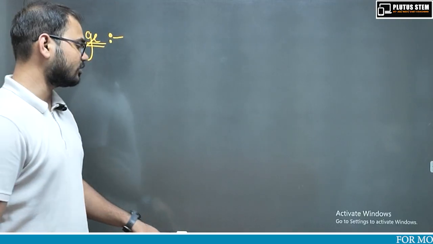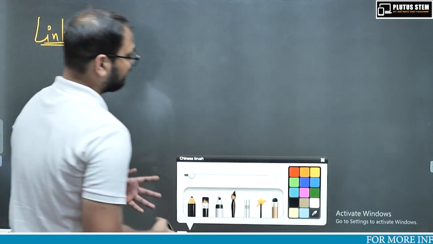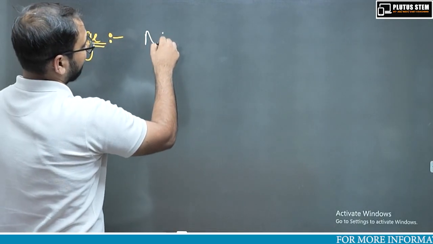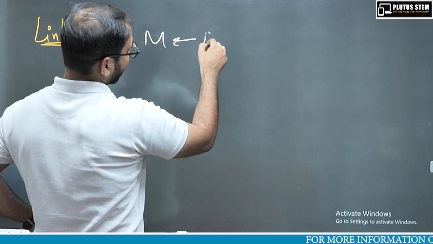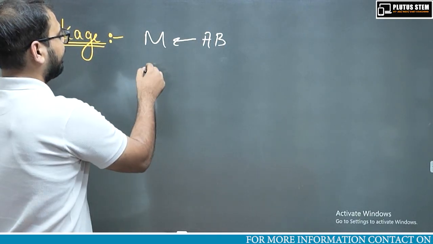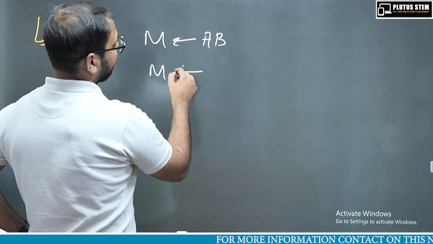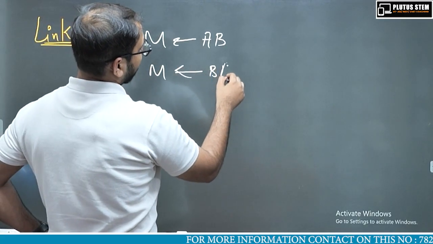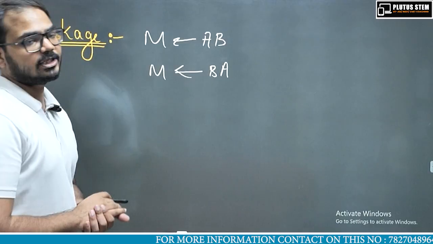First we have the case of linkage isomerism. As the name suggests, whenever you have a metal complex, if you have a ligand which can have more than one donor site, and the link between the metal and the ligand changes, that is called linkage isomerism.